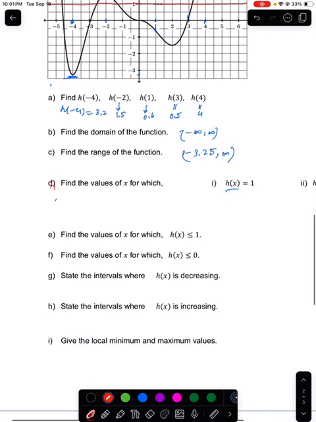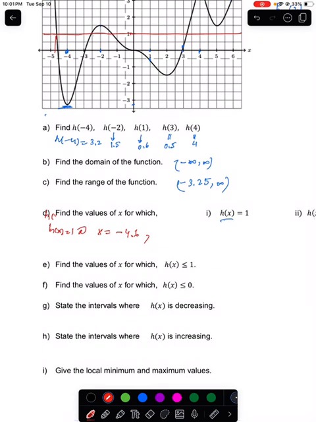So h of x is equal to 1 at x equals. First is this leftmost value. You can see if you draw a vertical line, it's negative 4.5 or negative 4.6 or 4.7, and comma also over here. So you can mark the points before you start writing the values.